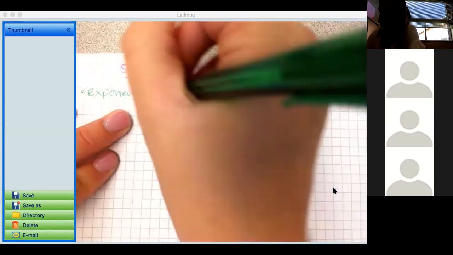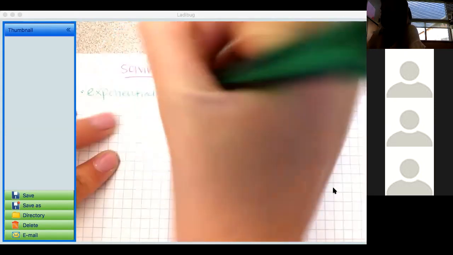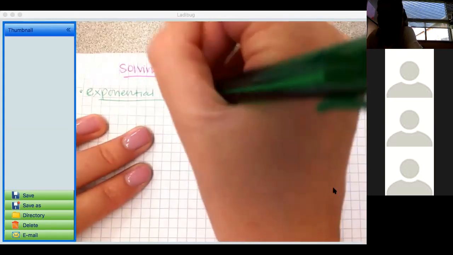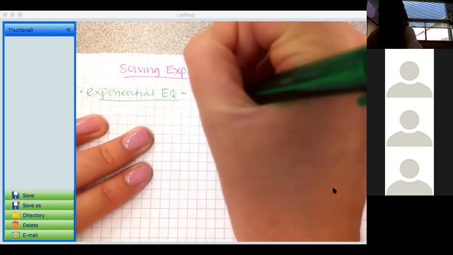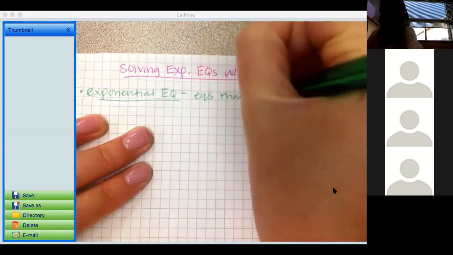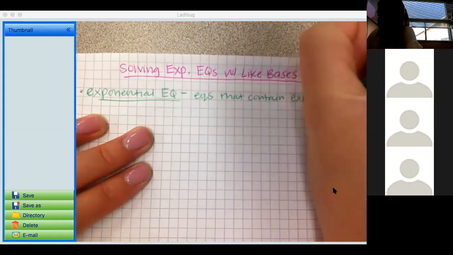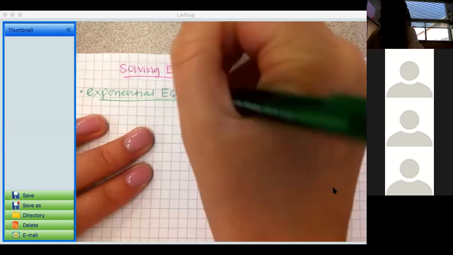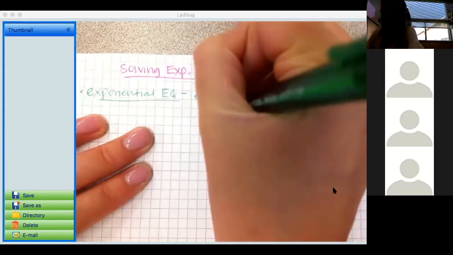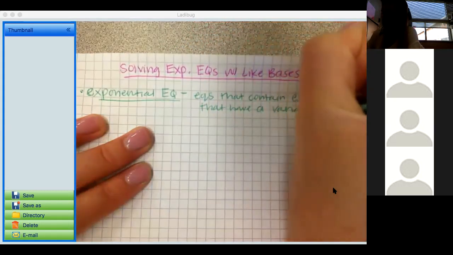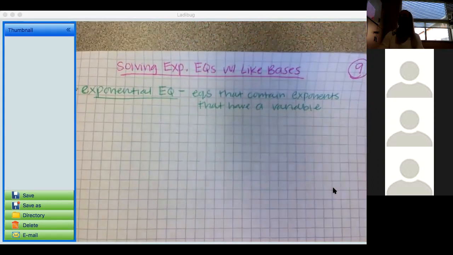What did I write? Exponential equations are just equations that contain exponents that have a variable. Exactly what you guys said.